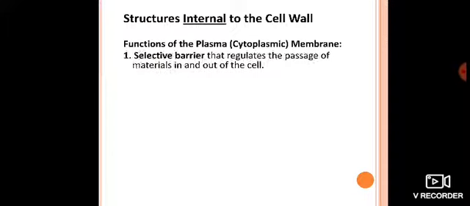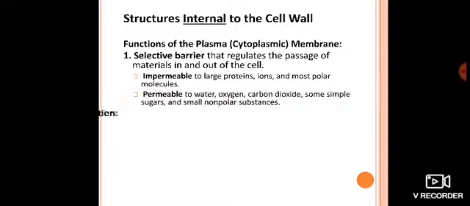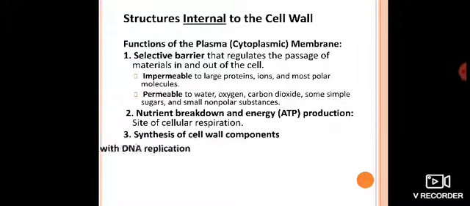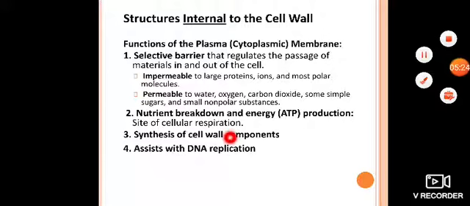Now the function of the plasma membrane, we have to concentrate on that. The plasma membrane has a number of functions, and many times this question has been asked in the exam. So the functions are, first, a selective barrier that regulates the passage of material in and out of the cell.